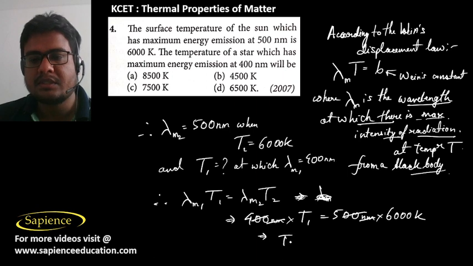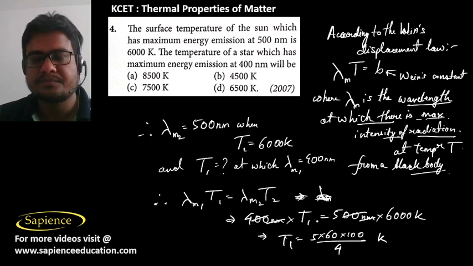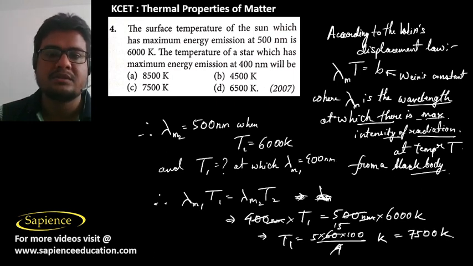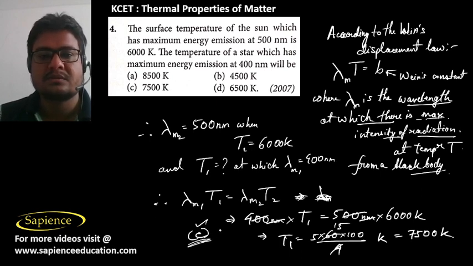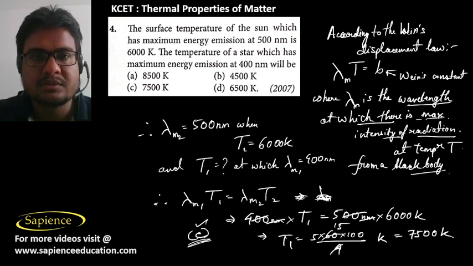Then T1 will be equal to 5 into 60 into 100 divided by 4 Kelvin. 15 4s are 60, 15 5s are 75. So T1 is 7500 Kelvin. So option C is the correct answer.